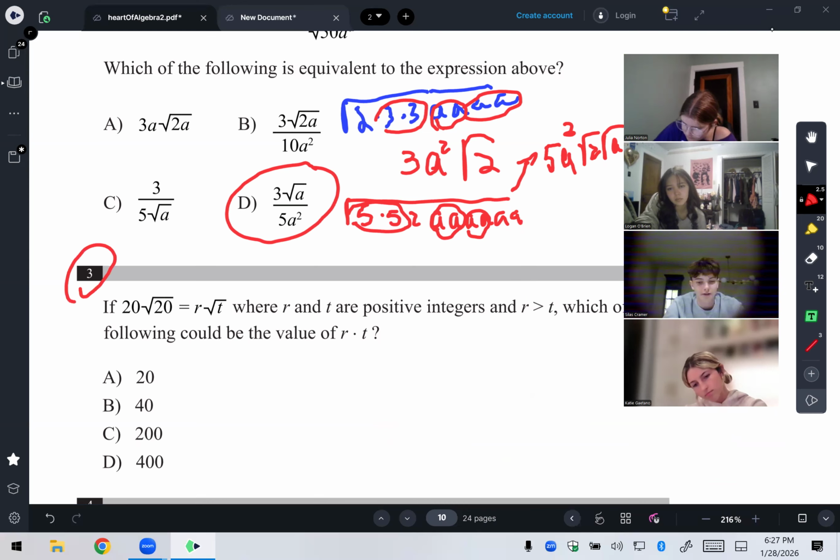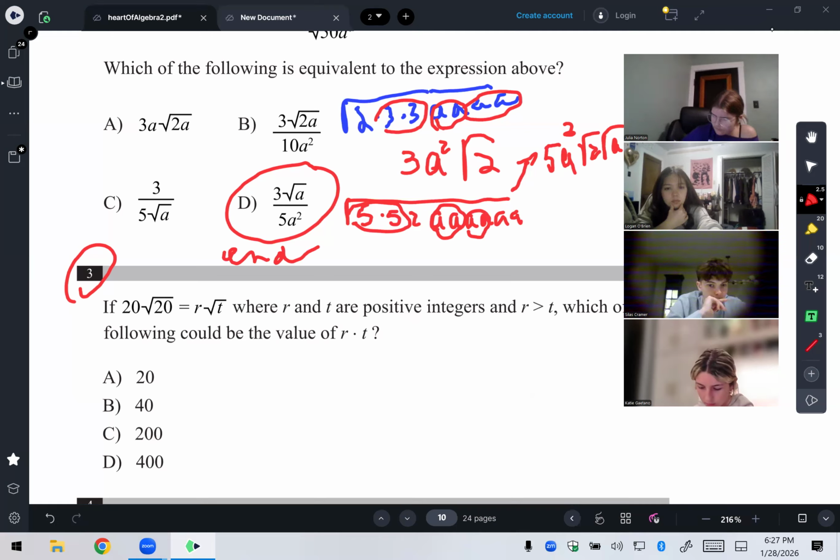Number 3 isn't any easier. This one confused me, so if it confused me, I thought it might confuse you. We have the square root of 20 equals r times the square root of t, and this is at the end of the test as well. All this page is at the end. We have to make r greater than t.